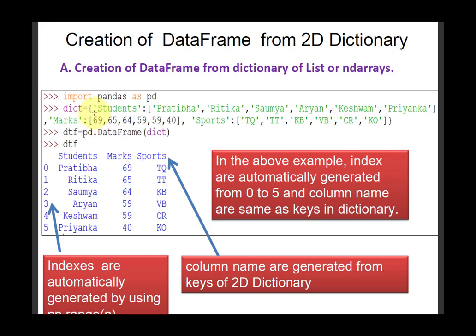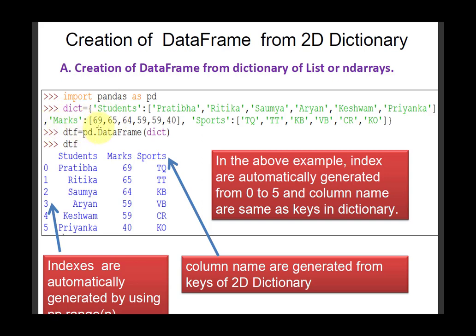In a dictionary you start with a curly bracket. So there I will start the dictionary from a curly bracket. First is key. What is key? The key is students, and there I assign more than one student's name. How many students' names are there? 1, 2, 3, 4, 5, 6. So total 6 students' names are there, and next column is marks.